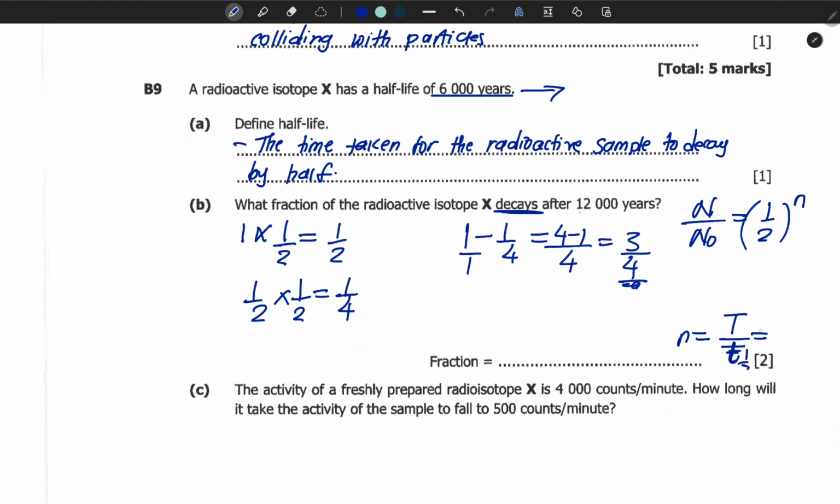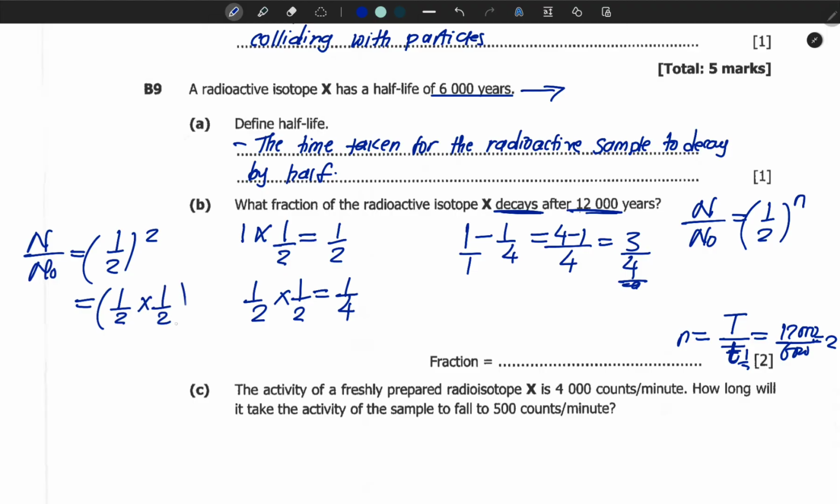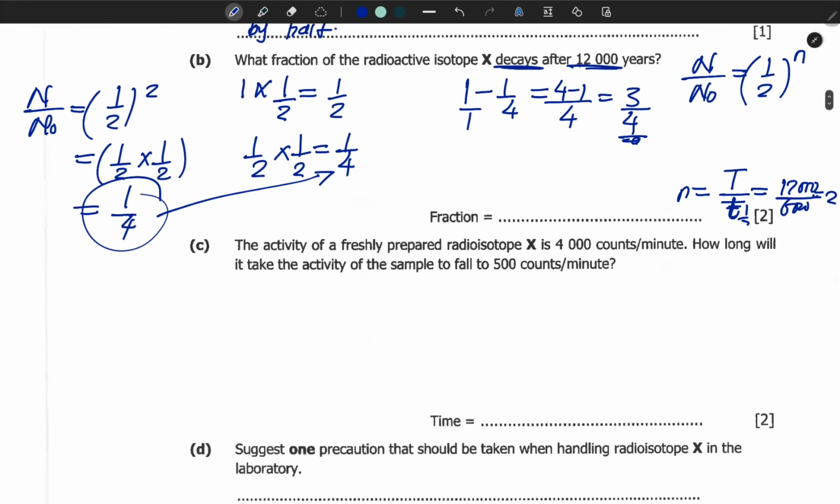The time taken is 12,000 over 6,000, giving us 2. So using this formula, N over N0 is equal to half to the power of n, and n is 2, so it is 1 over 2 times 1 over 2, which is 1 over 4. As we can see, we are still getting the same final answer. Then you do the subtraction.